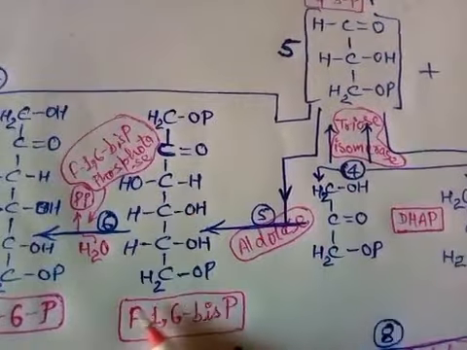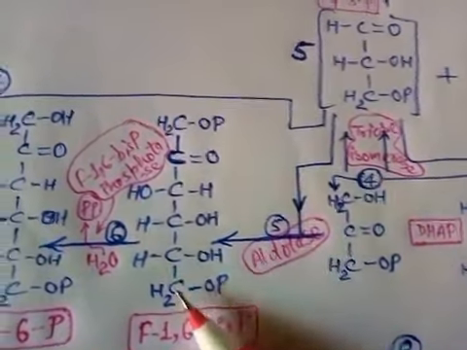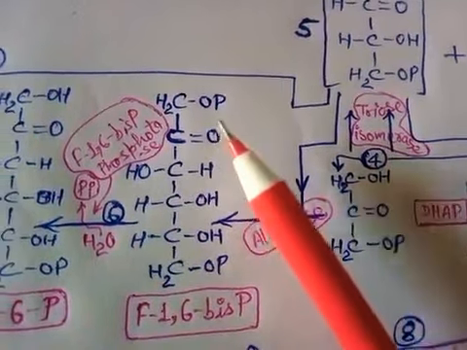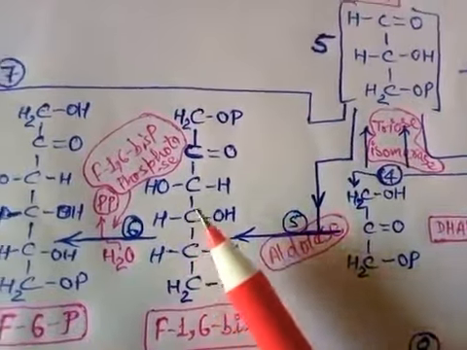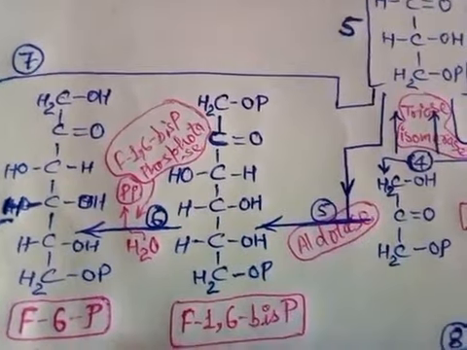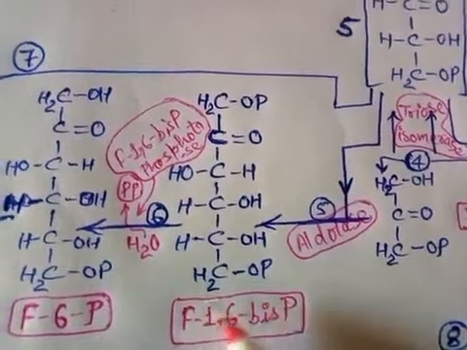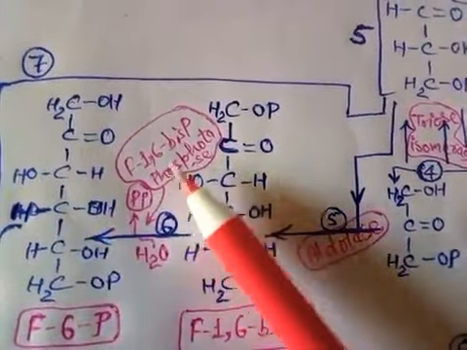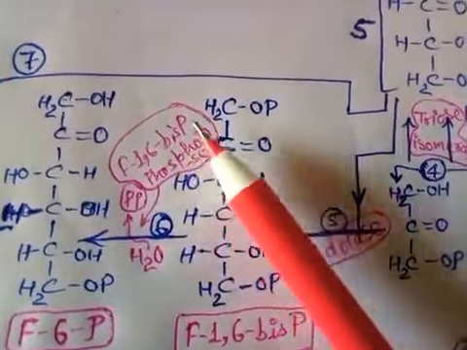This is the key thing which is formed here. Fructose 1,6-bisphosphate is now converted into fructose 6-phosphate in the presence of the enzyme fructose 1,6-bisphosphatase.